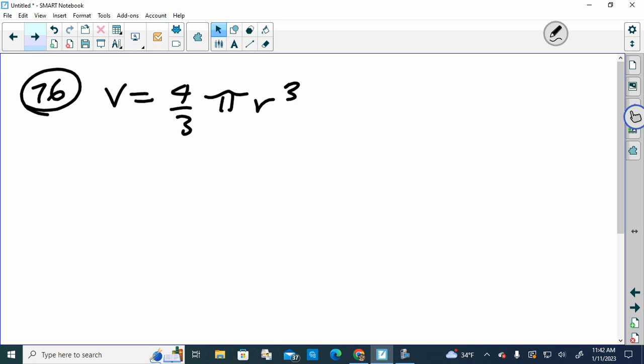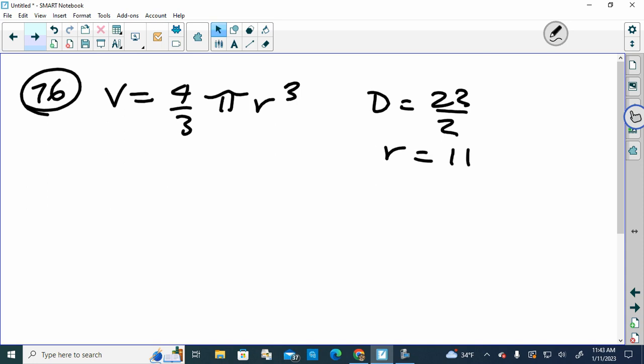On 76, we need the radius. Did they give us radius? No, they gave us diameter. To get to radius, I have to divide by 2. So my radius is 11.